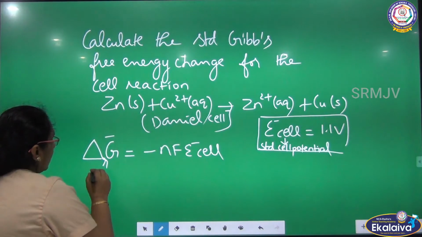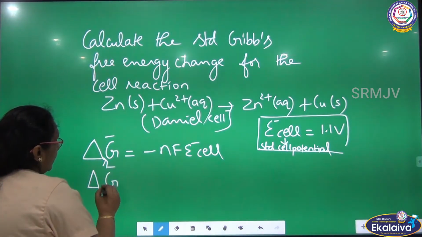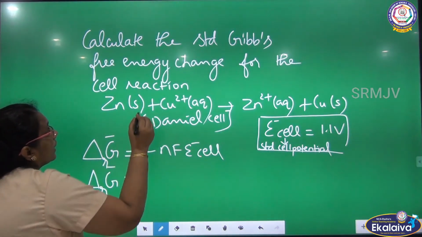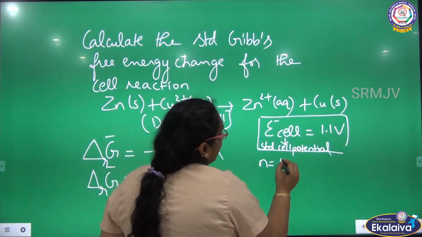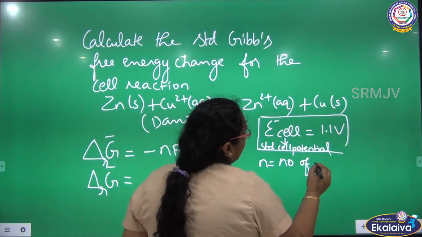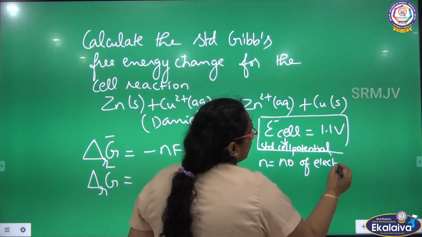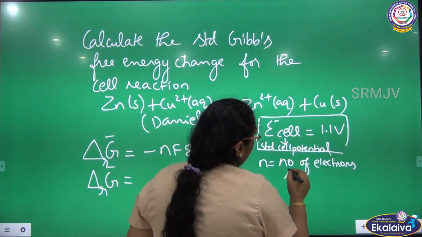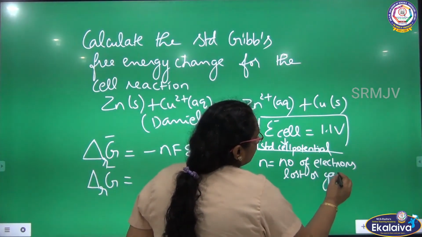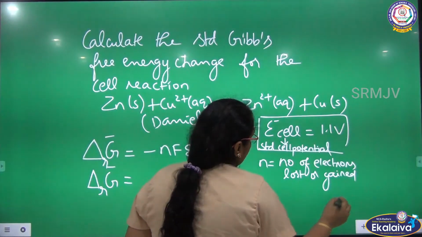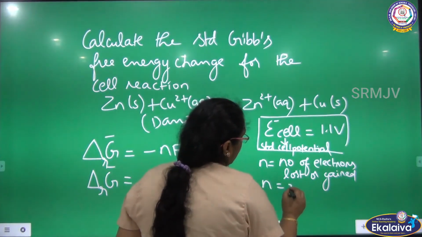What is N here? N is nothing but the number of electrons lost or gained. So here 2 electrons are lost or gained, so N is equal to 2.